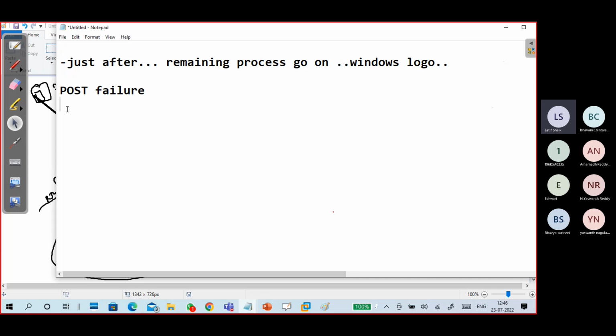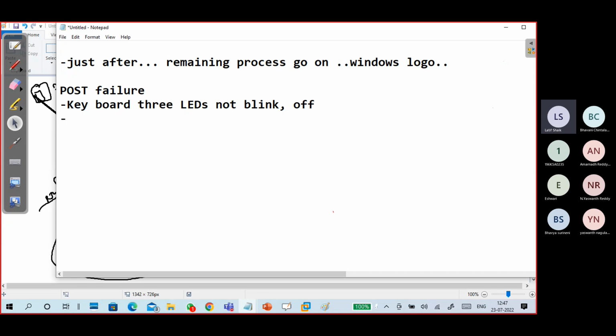Here it is, POST failure, keyboard. The LEDs are there, no? 3 LEDs, not blinking. They are in an off condition only. That is the first indication you can easily observe.